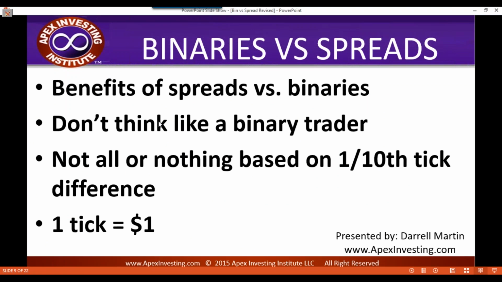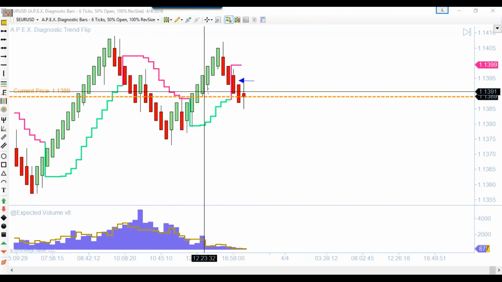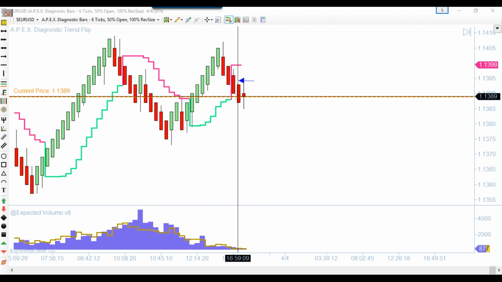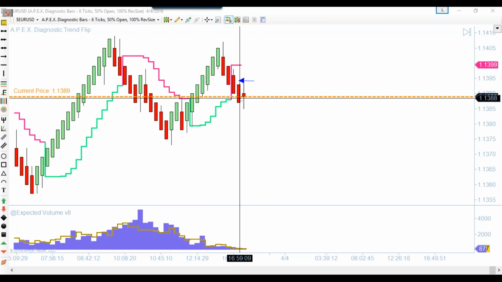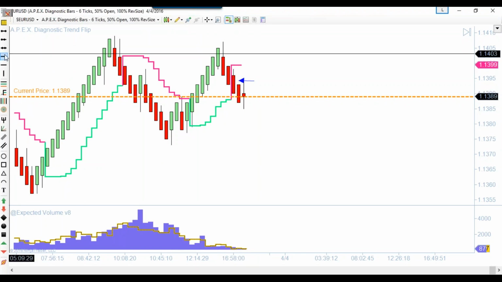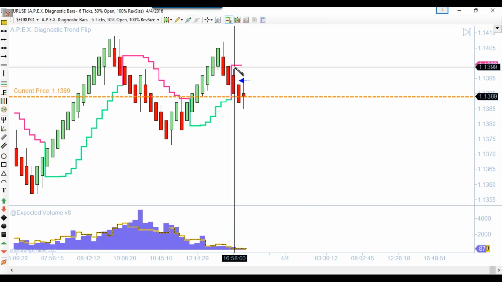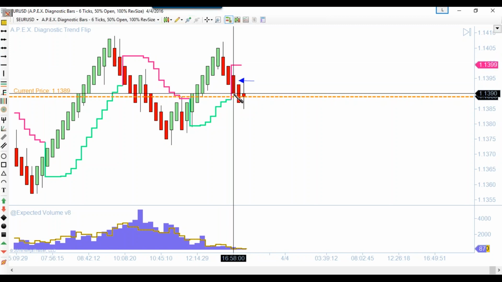Now, let's talk a little bit about the difference between binaries and spreads. Okay, with a spread, we know that a spread at expiration is worth $1 a tick, right? So let's say that we sold a spread right here, as soon as we got this indication, hey, at the close of this bar, we got a short, right? At 13.90. Well, right now the market's at 13.89.